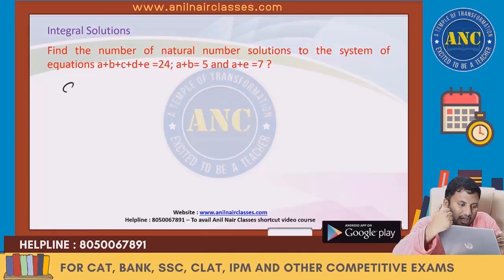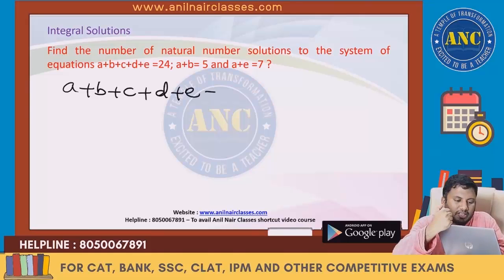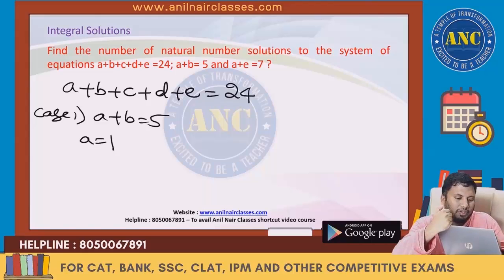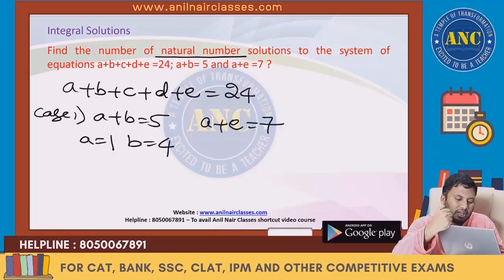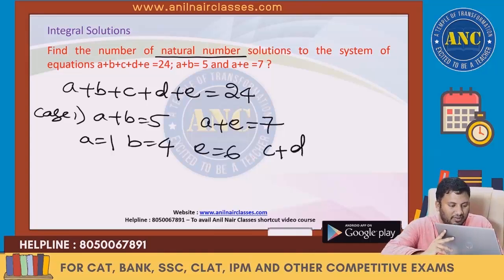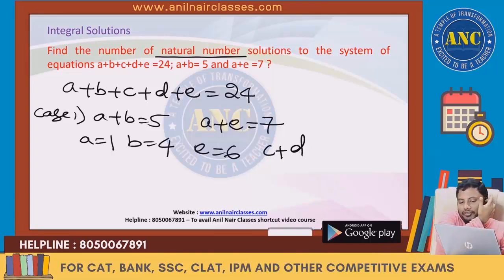Now this a plus b plus c plus d plus e is 24. Case 1. A plus b equivalent to 5. If natural numbers, a is 1, b is 4. A plus e is 7, a is 1, e is 6. So c plus d will become 1 plus 4, 5, 5 plus 6, 11. 11 means this will become 13.